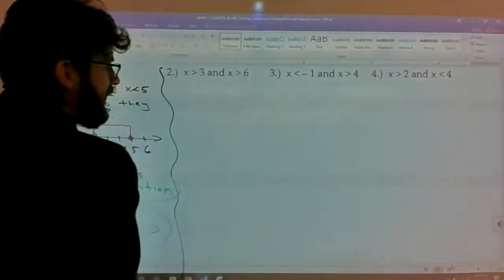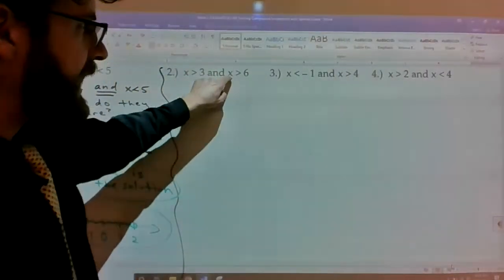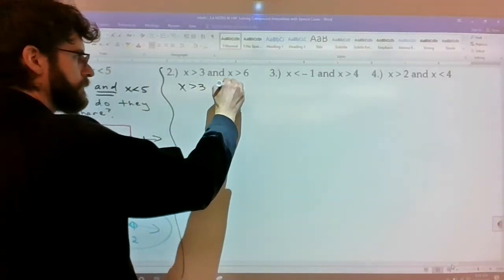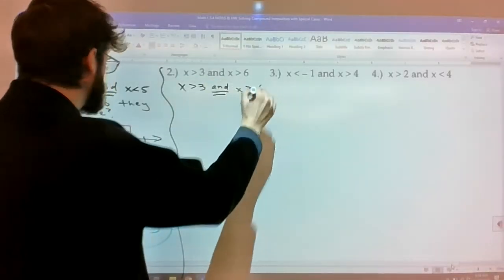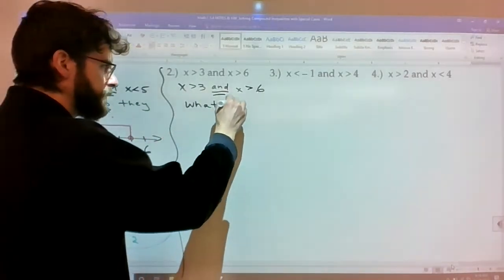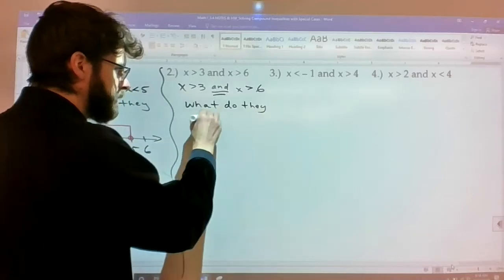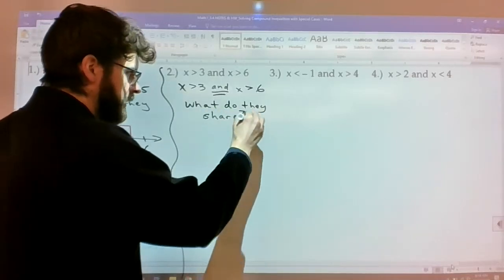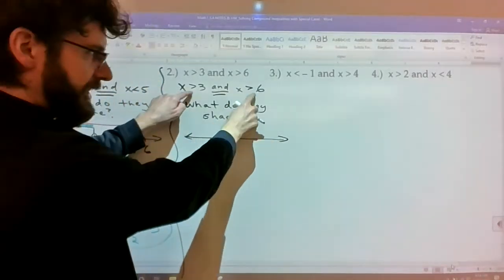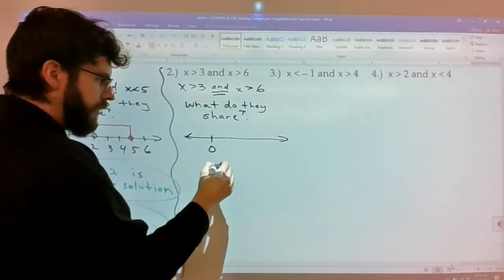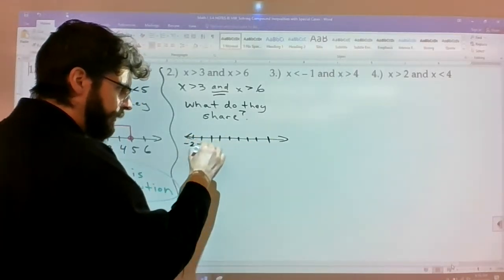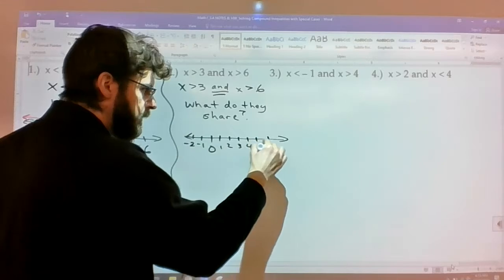You've got X is greater than 3 and X is greater than 6. So again, we're asking the question, what do they share? And a good way to do this is to just graph on a number line initially what you see. So I'm just going to go 1, 2, 3, 4, 5, 6. Maybe go left a couple.